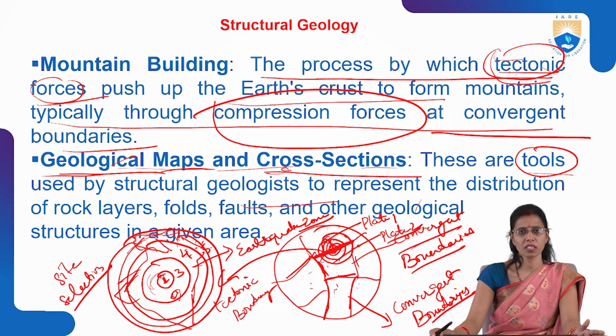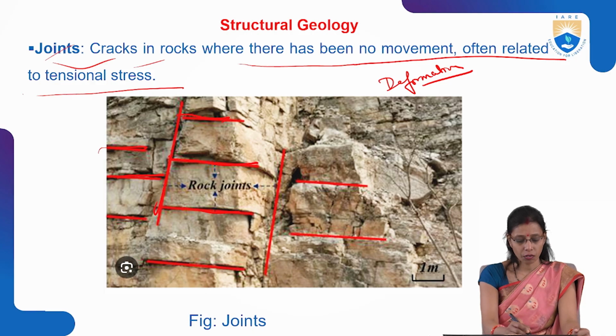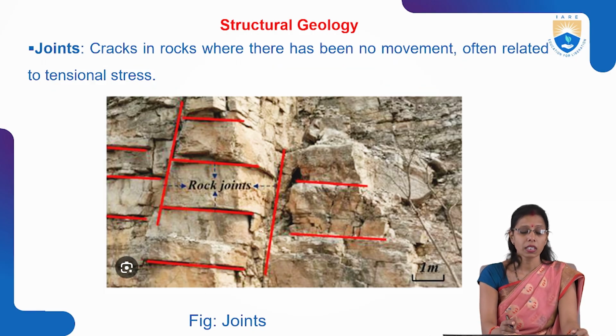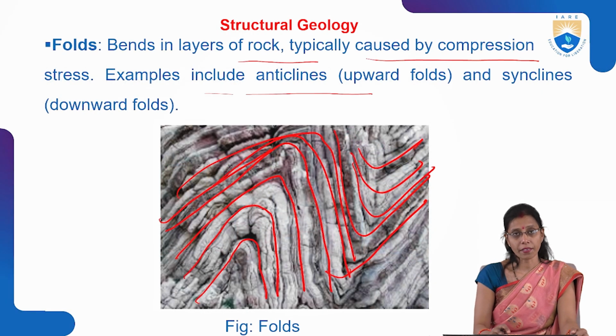It can be used as a tool to know about the structures and the distribution of the rock layers, what kind of rock layer, as we have seen previously. When you go through the map, it will tell you that this area comes under a joint region, or this area comes under a fault region, or a fold region.